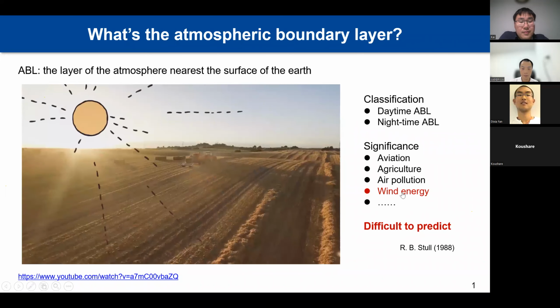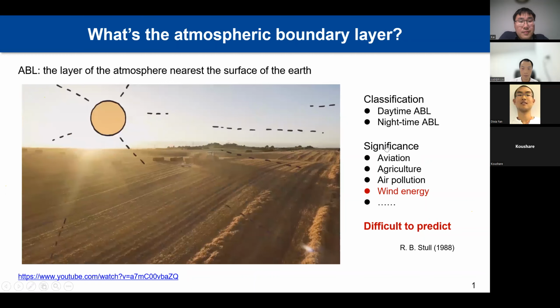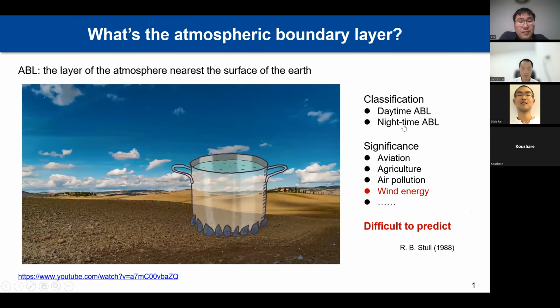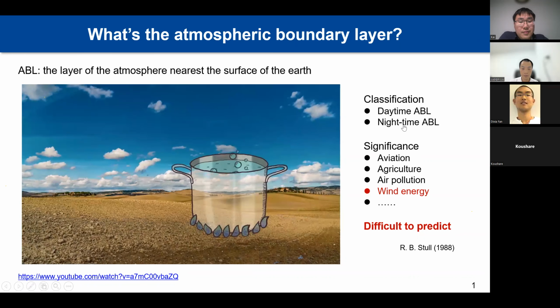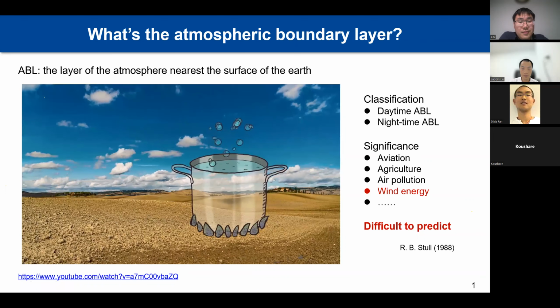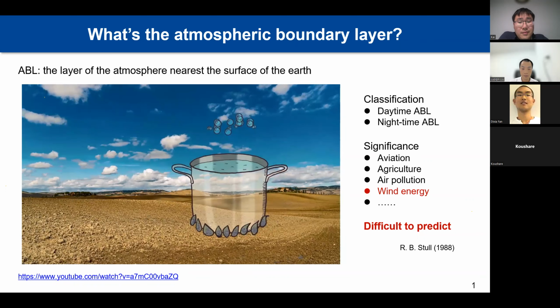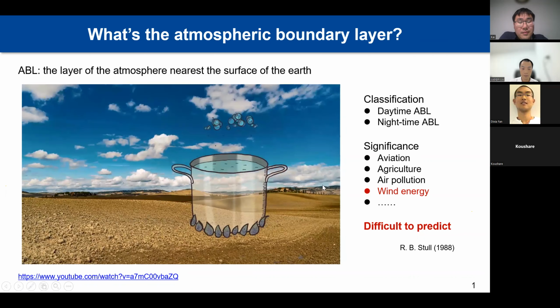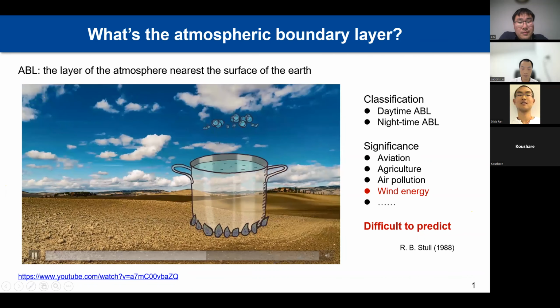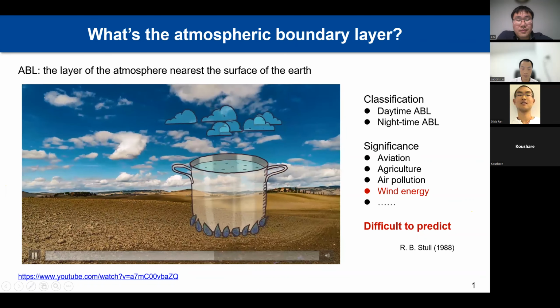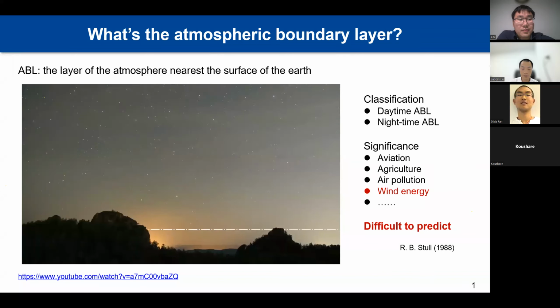During the day, the sun heats the surface of the Earth, which reacts like a stove heating a pot of water. Bubbles of hot air form and float up above the cooler surrounding air. Then these bubbles rise, carrying dust and moisture with them, and create larger bubbles that may cause clouds to form. Then, as night falls, it is as if the stove is turned off. The mixing stops, and the layer near the ground cools down.